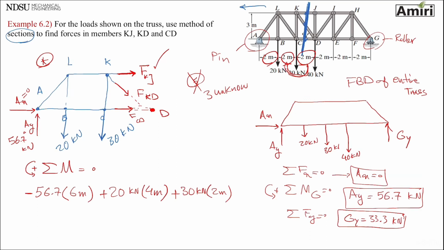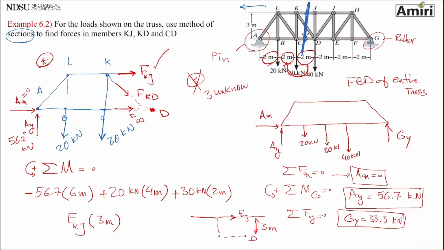And the last force that I have is FKJ. The perpendicular distance between point D and the line of action of this force is this line, which, if you look on the diagram, is 3 meters.